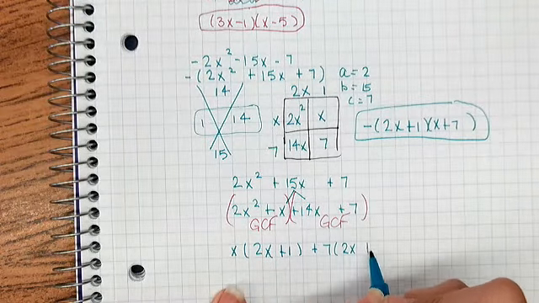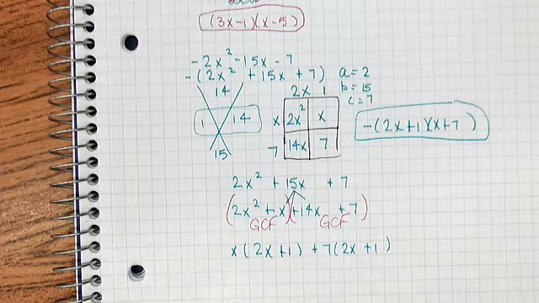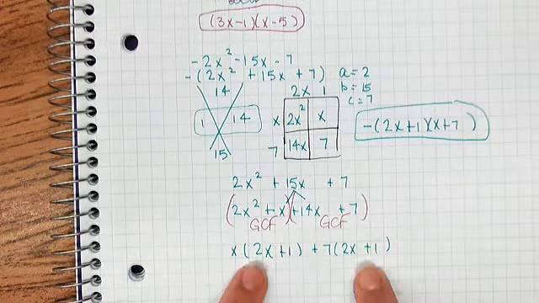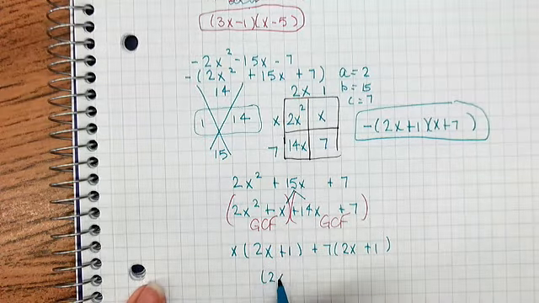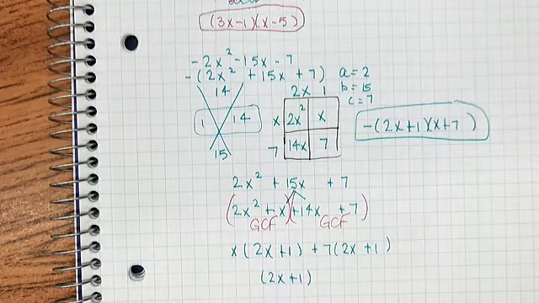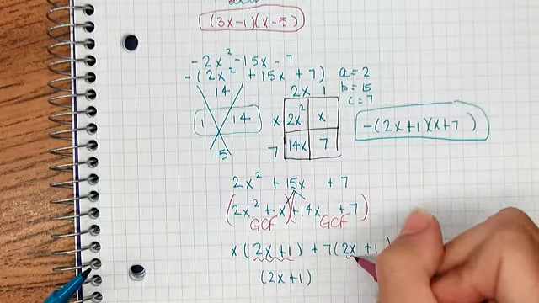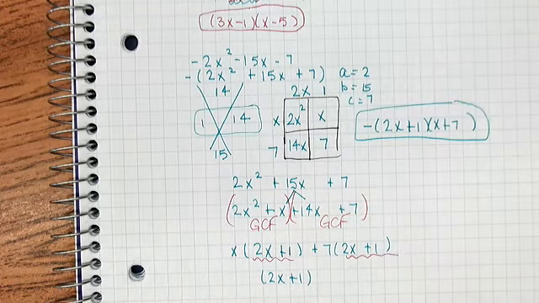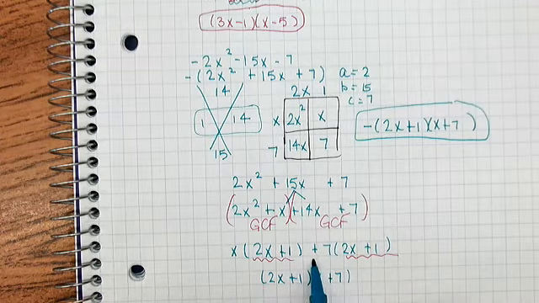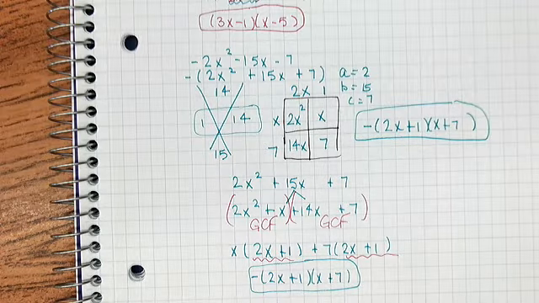That leaves you with 2x plus 1. The 2x plus 1's match. Take that out and you're left with x plus 7. And don't forget the negative that we took out in the very beginning.